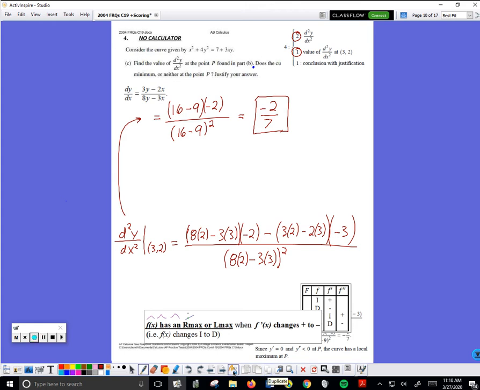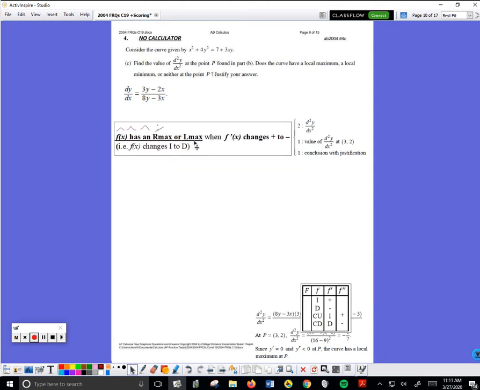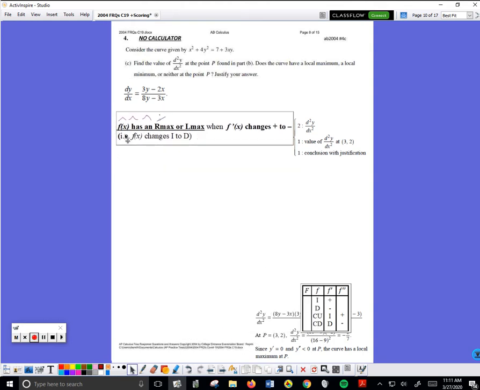Cut this off. The question says, does the curve have a local max, a local min, or neither at the point P? Okay, my golden notes told me this. That the curve has a relative max when the derivative changes positive to negative.